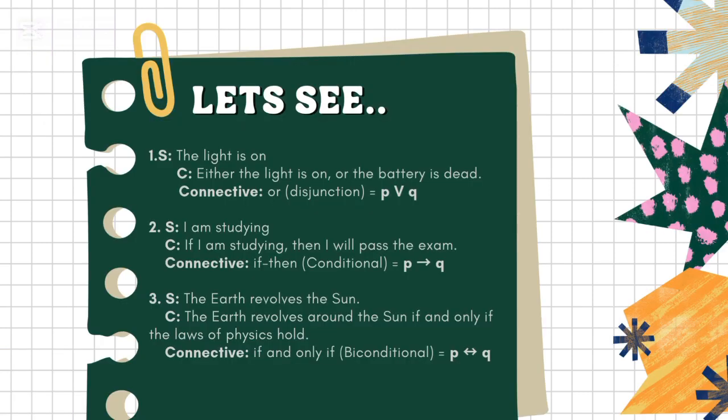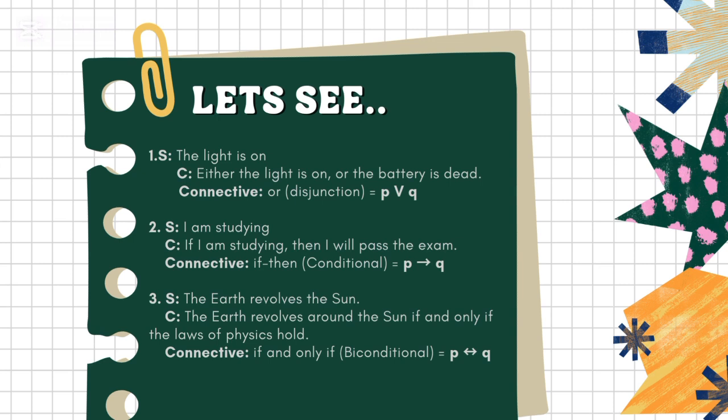Another example we have here is first the simple statement the light is on, and its compound statement either the light is on or the battery is dead. It uses the connective or, the disjunction. The second one is the simple statement I am studying, while the compound statement is if I am studying, then I will pass the exam.